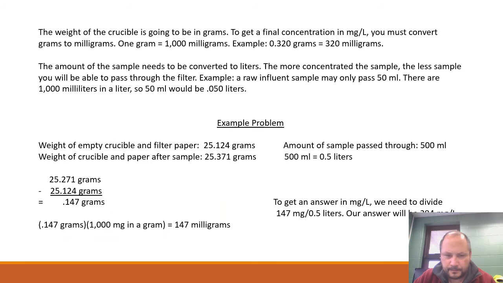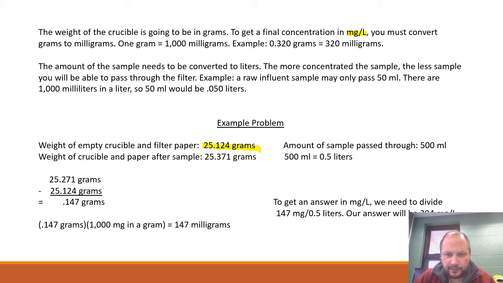So this slide has a little example of how the math would be done. So when we weigh the crucible, the scale is going to weigh the filter in the crucible in grams, and we want our ultimate answer to be in milligrams per liter.